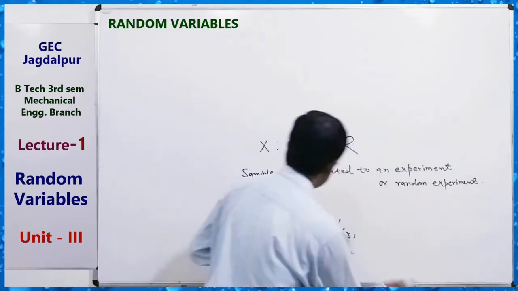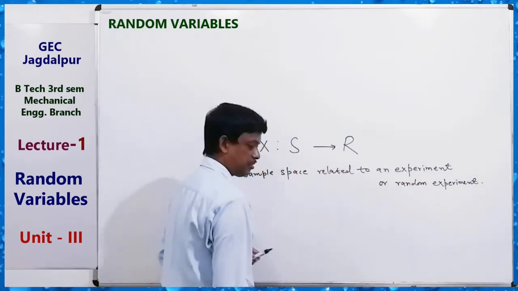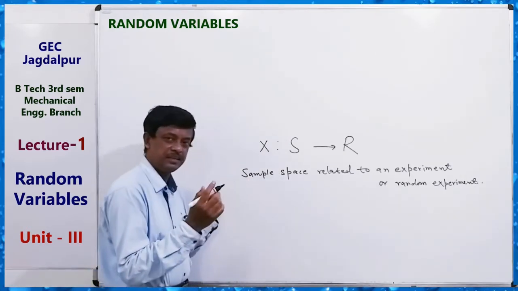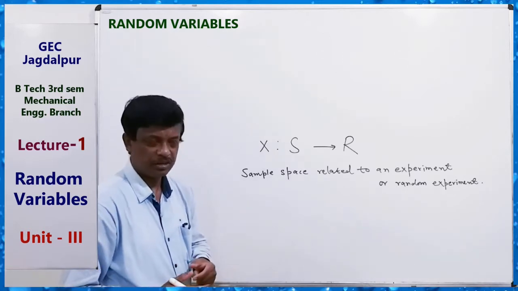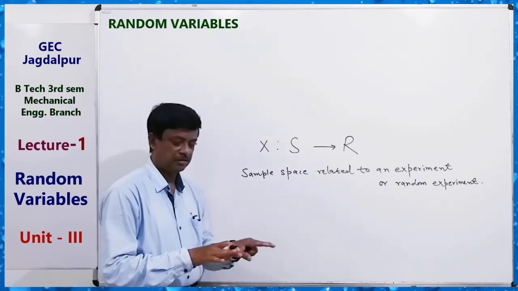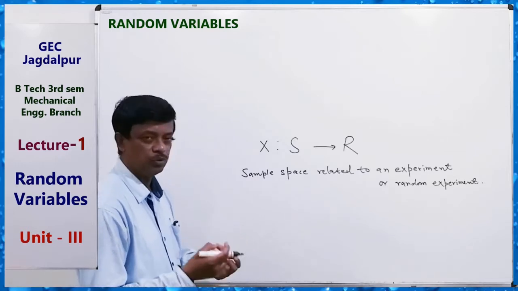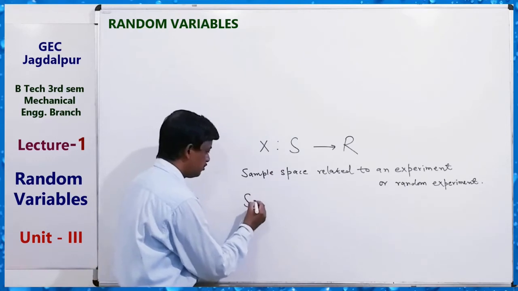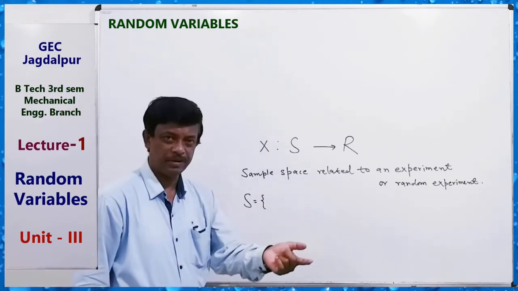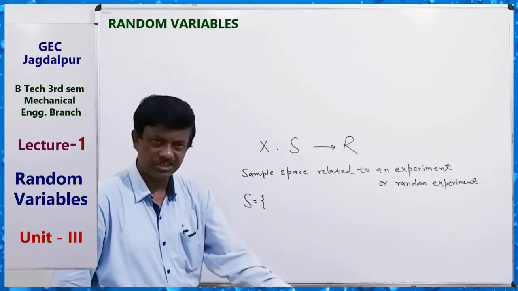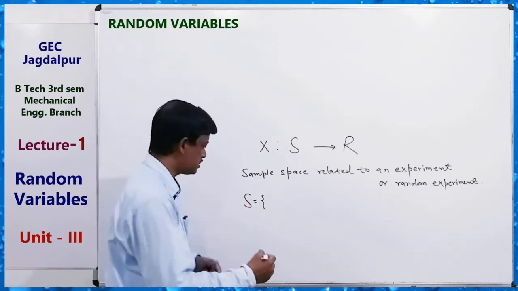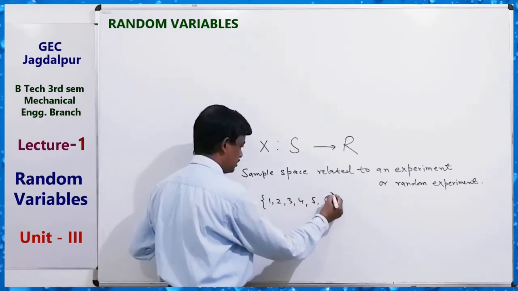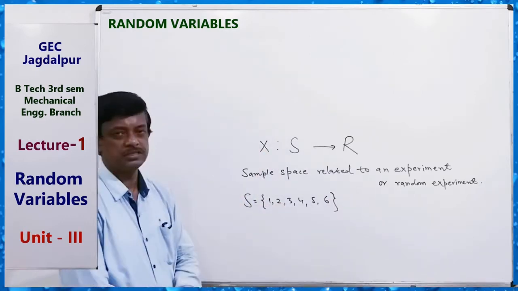Now suppose, for example, a fair die is thrown, then we can get on the top face the number 1, 2, 3, 4, 5, 6. So for that experiment, on the first trial, we get the sample space 1, 2, 3, 4, 5, 6. This is the domain for this random variable.